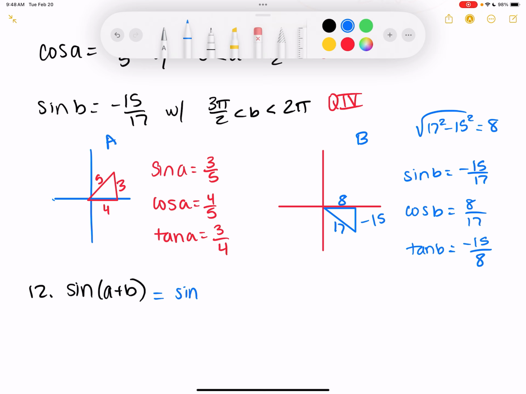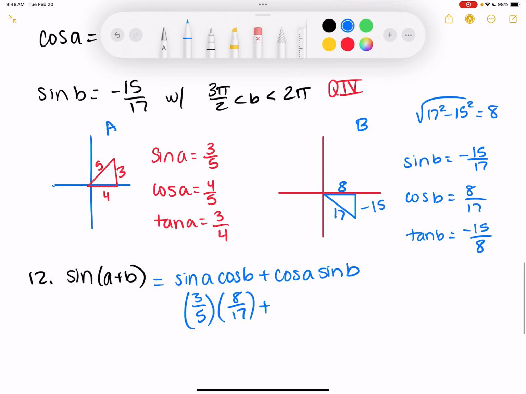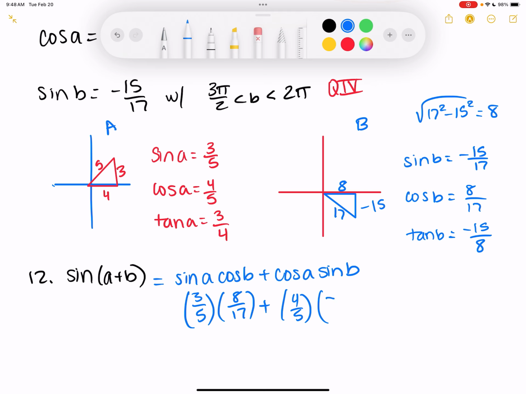Sine A cosine B plus cosine A sine B. So then sine of A is 3 over 5. Cosine of B is 8 over 17. Plus cosine of A is 4 over 5. Sine of B is negative 15 over 17.